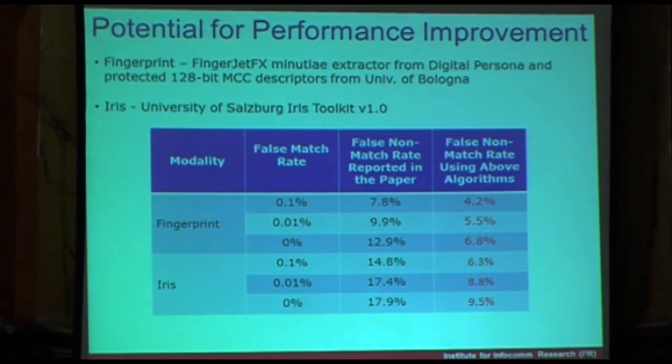Note that I'm just downloading the data and running the executables directly from all these sources, without any parameter tuning or optimization for these particular databases. If you do those kinds of things, it's possible to reduce error rates even further.